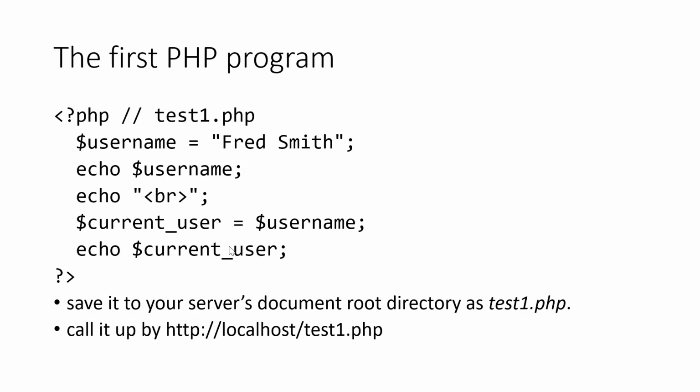Right, now let's look at our first program. What happens here is we save Fred Smith in the username variable and we print it. Then we have a break, and then we have another variable and we print that. So usually it should print Fred Smith twice.